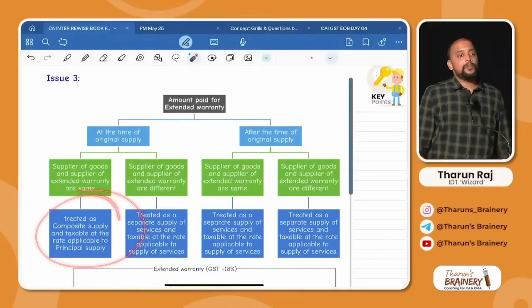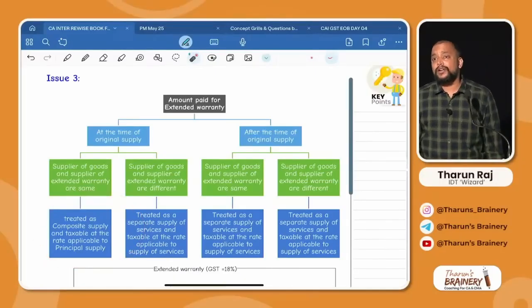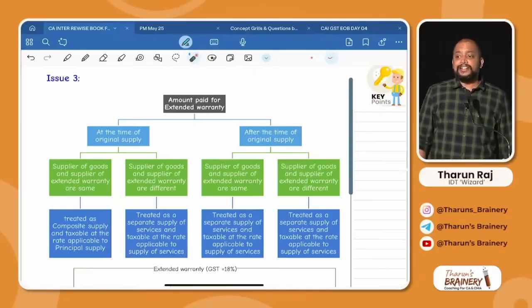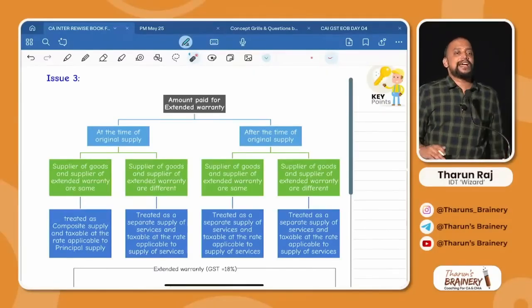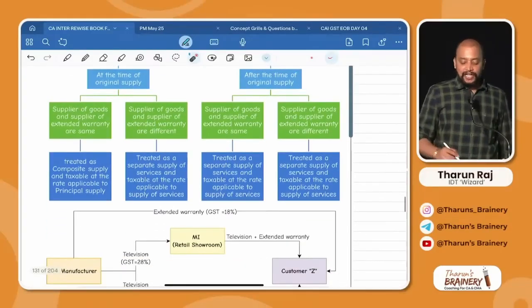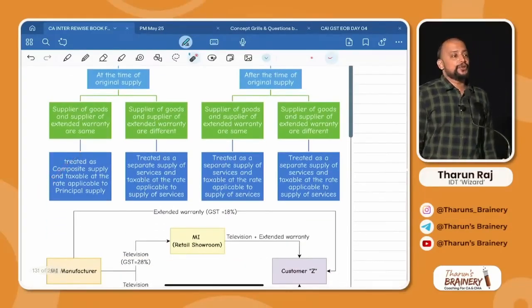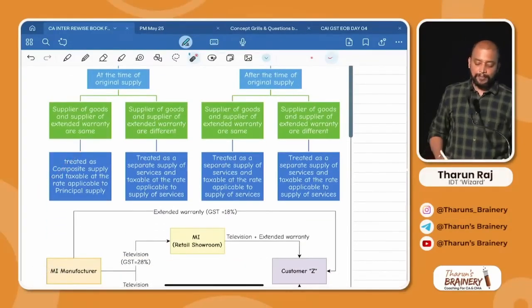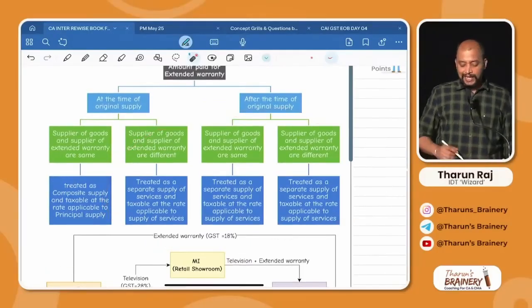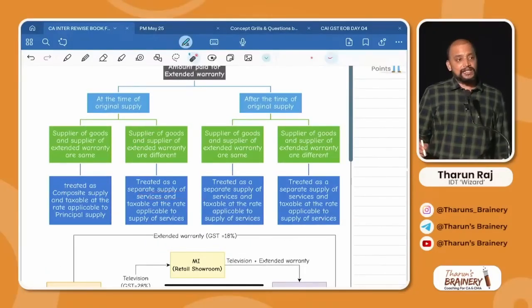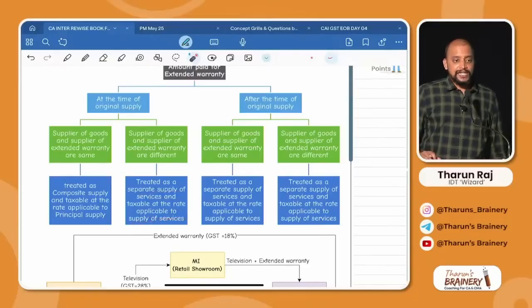Treated as composite supply. But sir, it is not a composite supply, na sir. Yes, it is not a composite supply, but it should be treated as composite supply as per CBIC circular, and therefore we will take the rate applicable to the main product, the principal supply. In all other cases, it will be treated as what? Separate supply and taxable at the rate applicable to supply of services.